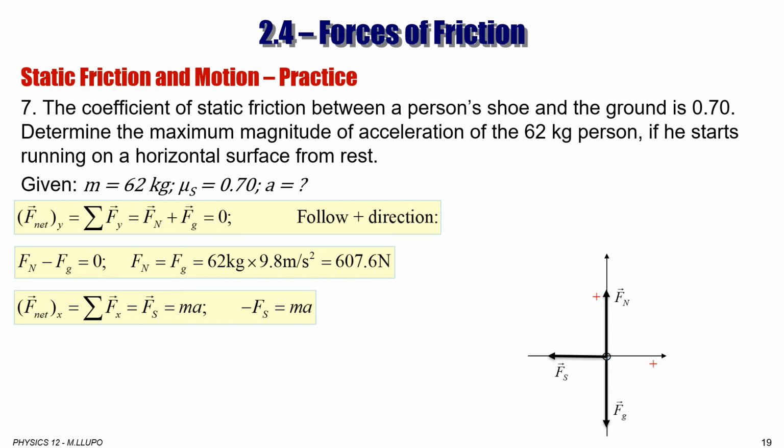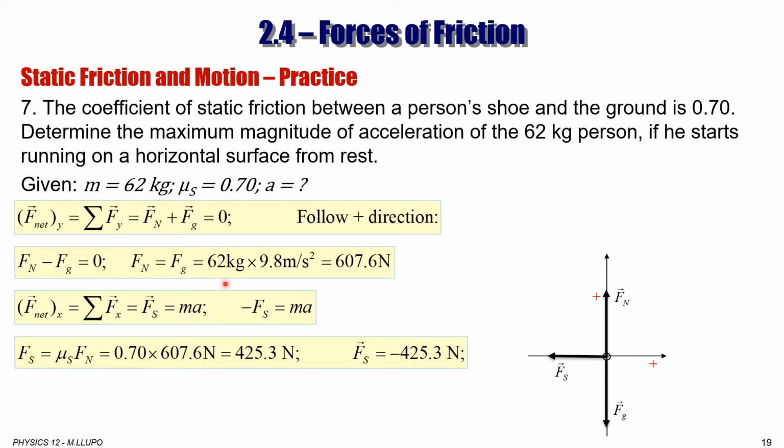Now acceleration is force divided by mass. So the sum of all forces, or net force, is equal to minus Fs. If you take a look at the formula here, you see that minus Fs is equal to ma. If you solve for a here, it is equal to minus Fs divided by m.